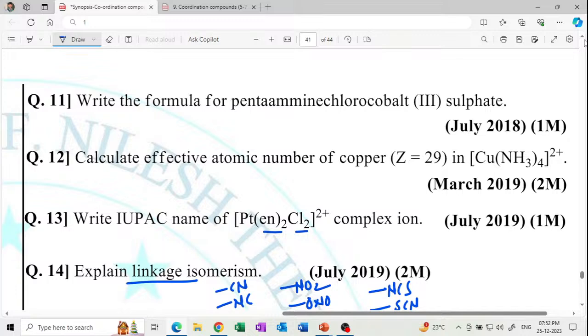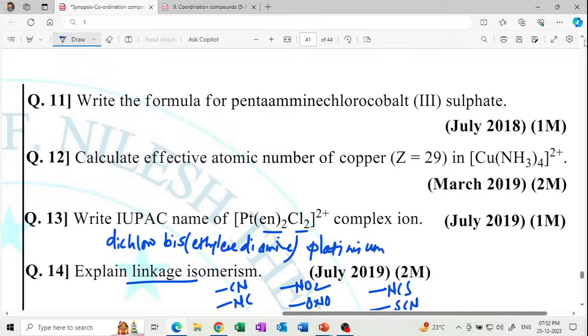What will the platinum oxidation state be? +4. Dichloro, bis-ethylenediamine, platinum, and the 4th, and underline it. Get it? Underline it. We'll get the 1 mark.